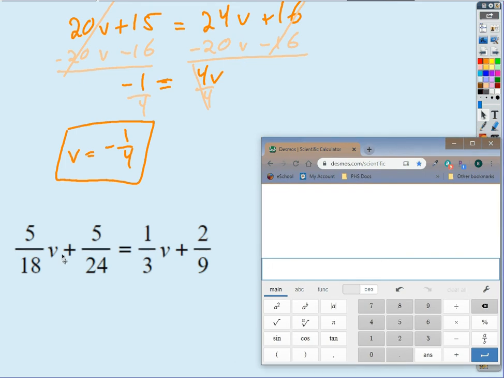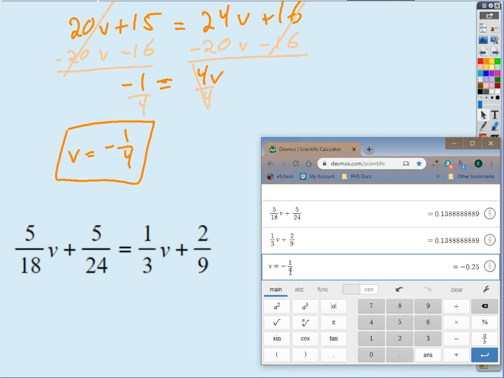I'm going to write whatever's on the left side, so that expression: 5/18 V plus 5/24. Right side, I've got 1/3 V plus 2/9. And what value am I plugging in for V? V equals -1/4.